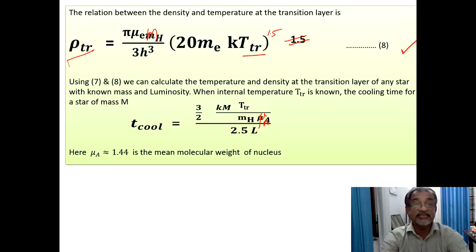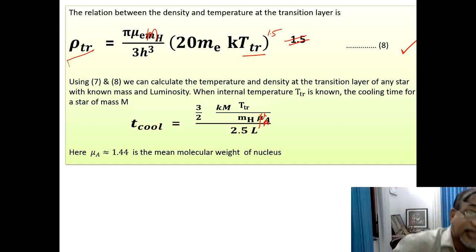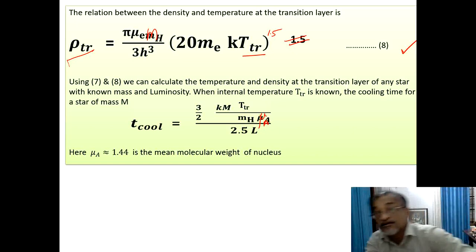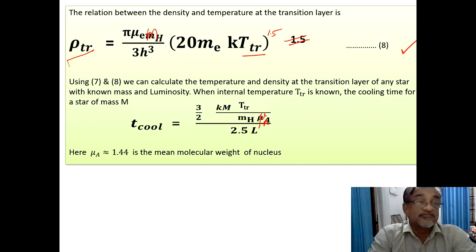The relation between the density and temperature at the transition layer: rho_TR is equal to pi mu_E m_H by 3h cube into 20 m_e k T_TR raised to 1.5. Using the above two equations 7 and 8, we can calculate the temperature and density at the transition layer of any star with known mass and luminosity.